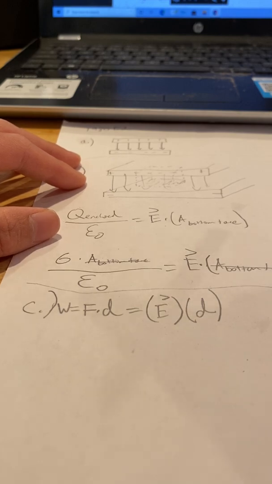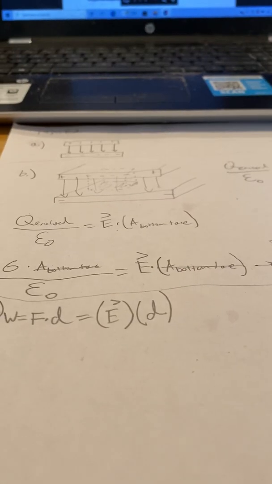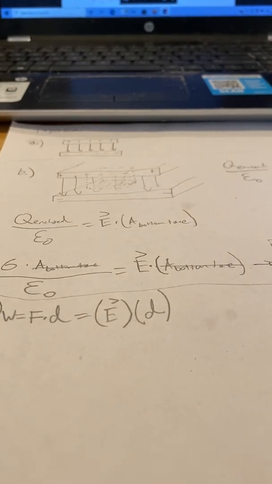And as I explained in the previous part, the electric field magnitude is the same at every point in between the opposing faces.